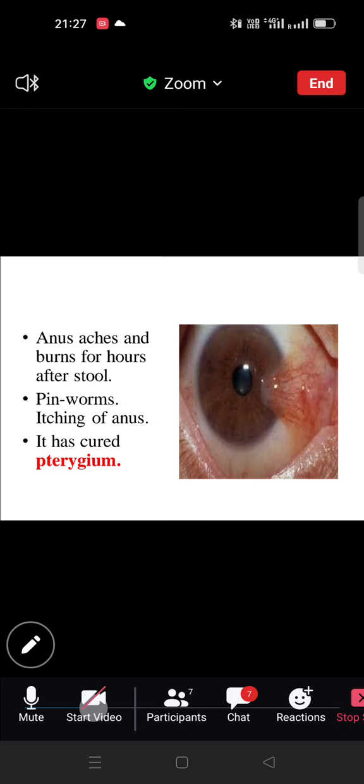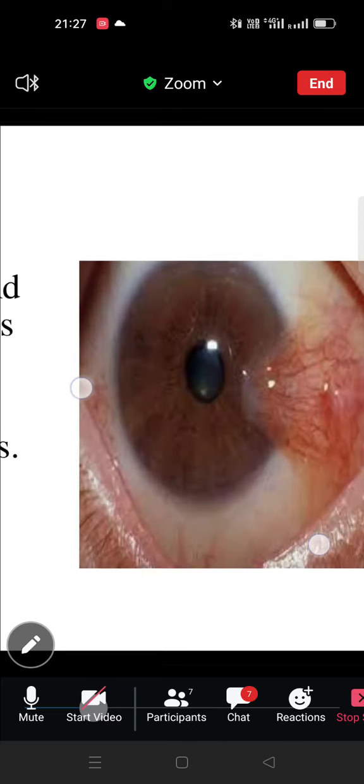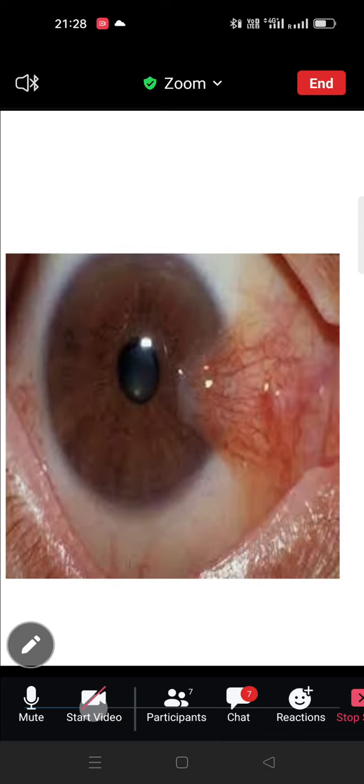And it has cured pterygium. Pterygium, you can see in the picture, is a triangular overgrowth of tissue over the eyes. This is known as a pterygium.